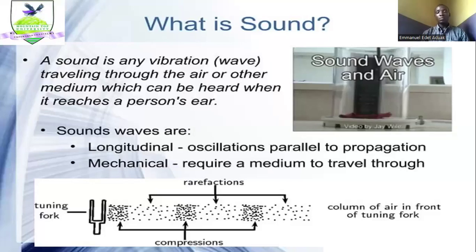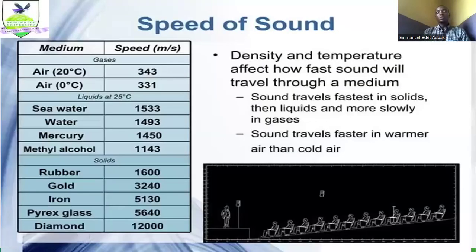Longitudinal sound waves oscillate parallel to propagation, while mechanical sound waves require a medium to travel. Now, let's look at the speed of sound. Based on the medium with which sound travels, in solid, sound travels faster compared to liquid, compared to gases.